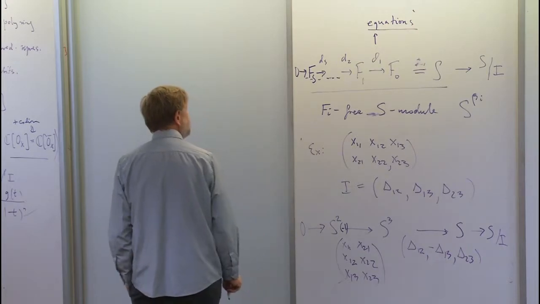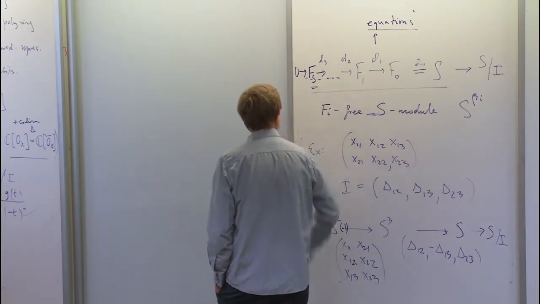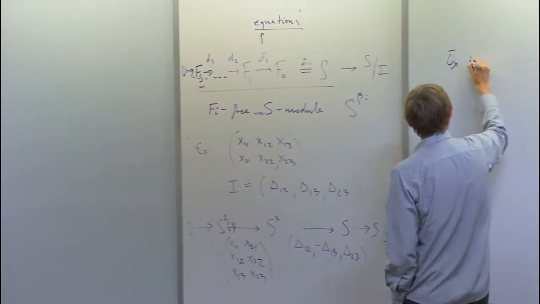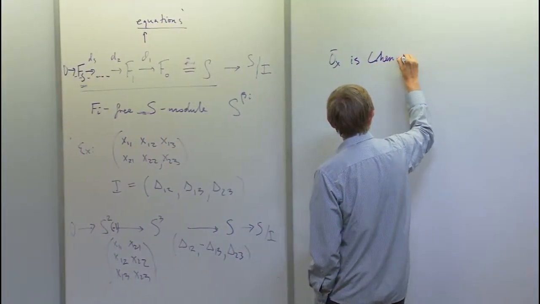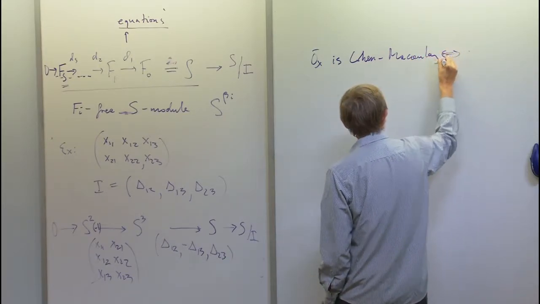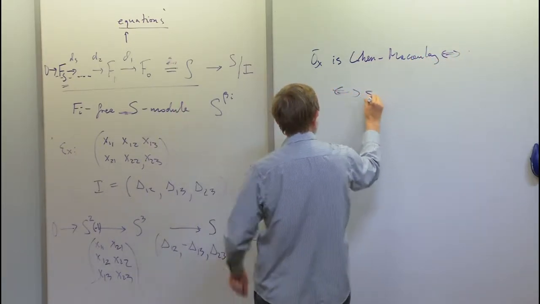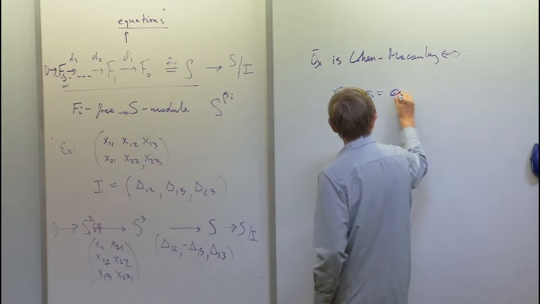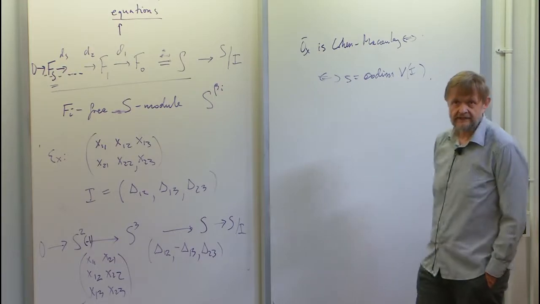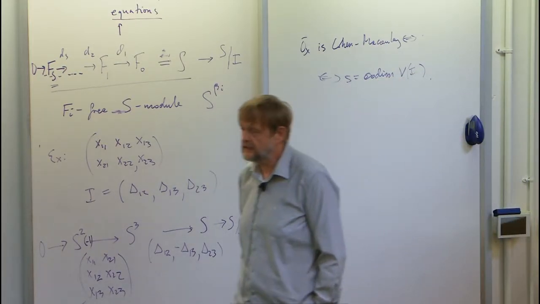Cohen-Macaulay I did not define. Cohen-Macaulay has to do with the length of this resolution. So O_X is Cohen-Macaulay if and only if the length of this resolution is just the codimension of the zero set of I. And that's also very useful when you deal with equations.